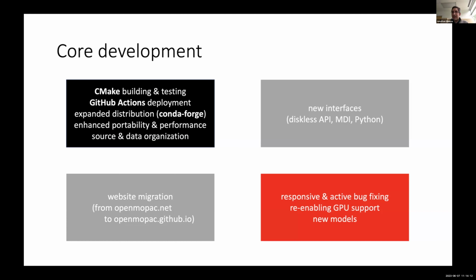The deployment, every time there's a release, is now automated mostly through GitHub Actions. So it doesn't take much for me to push out a new release when the time comes. There's now distribution through the Conda package manager and the Conda Forge channel. And there's been a lot done to make MOPAC more portable.